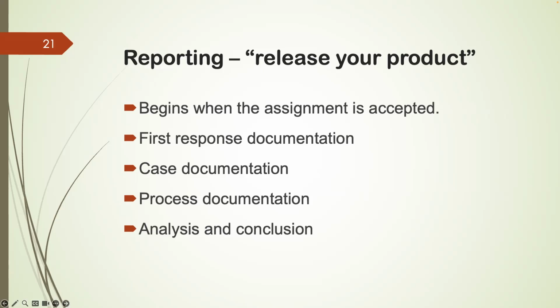Similarly, the whole process that you took for examination and analysis, and the tools that you used, you will also document. And the last part is your analysis: based on all that evidence, what is your verdict, or what is your analysis of the whole situation? That and the conclusion will also be part of your report.